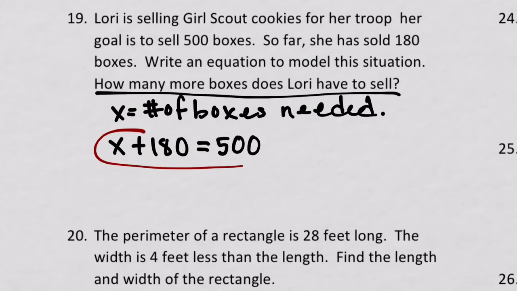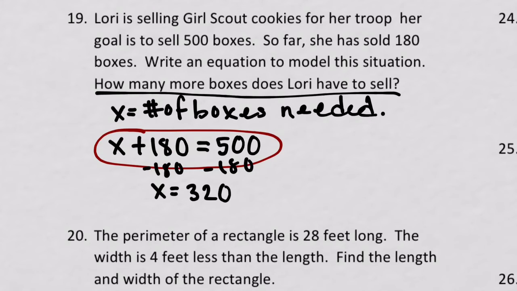We solved that, which I'm sure a lot of you guys did in your head, but the point here is to come up with the correct equation, right? Subtract 180 and you can come up with the correct solution, which is going to be x equals 500 minus 180, right? We need to subtract 180 from both sides. 500 minus 180, which is going to give you 320. She needs 320 more boxes.